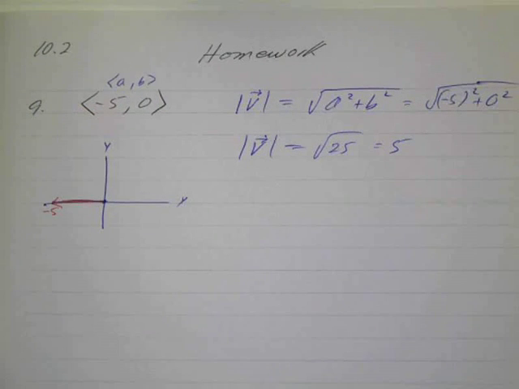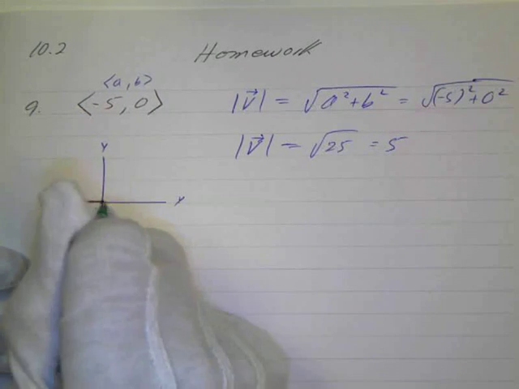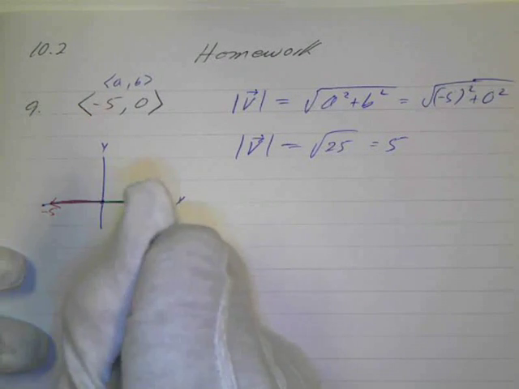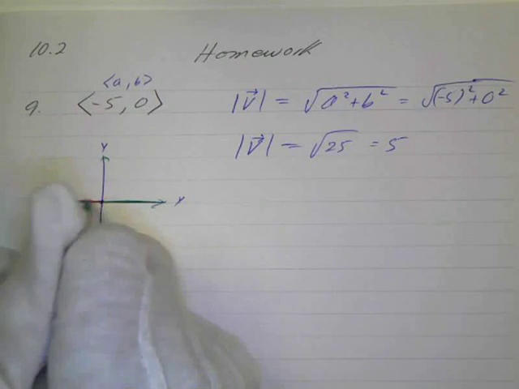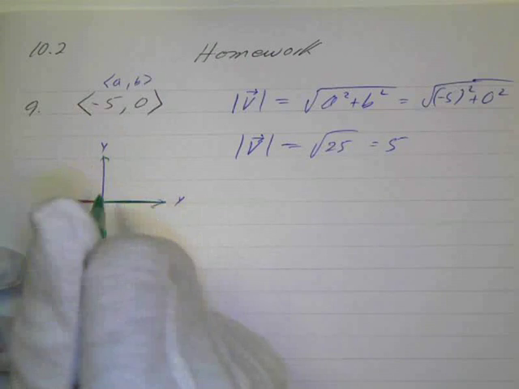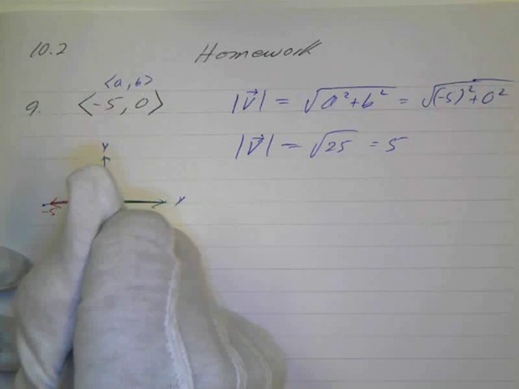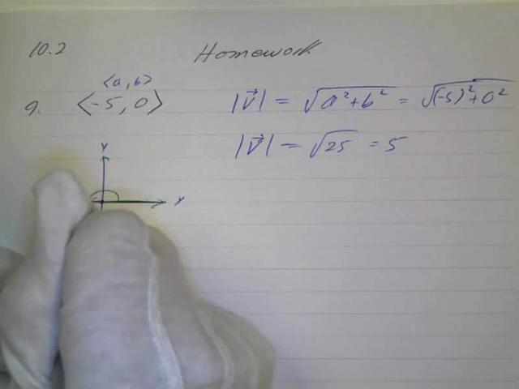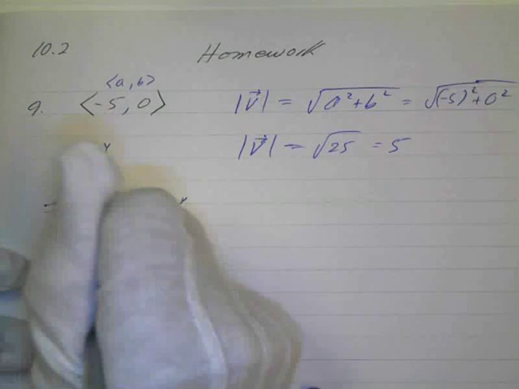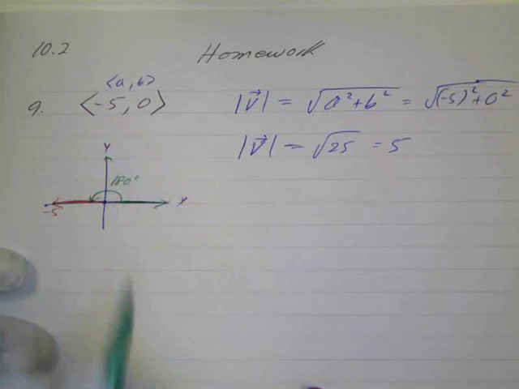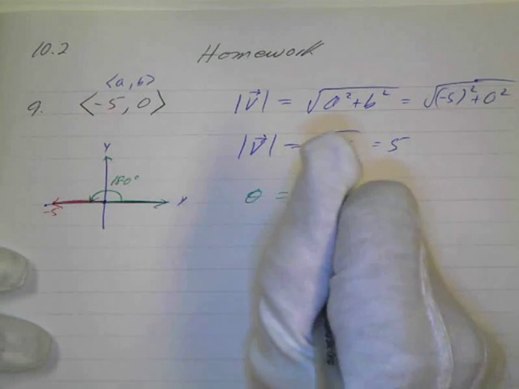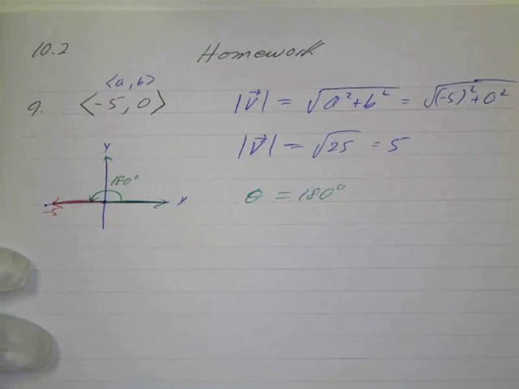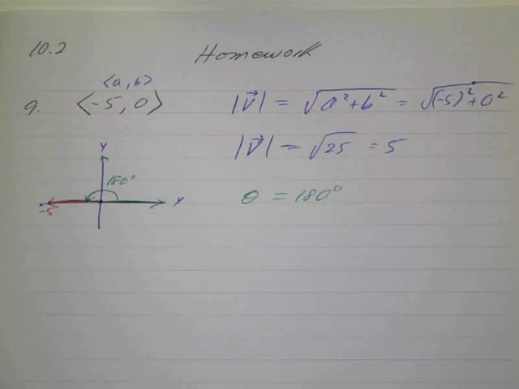What's our angle? Our direction angle is the angle that it forms with the positive x-axis. This is the initial side, and the component form will be the terminal side of the angle, and it looks like I'm going 180 degrees. So theta would equal 180 degrees. That's the direction angle.